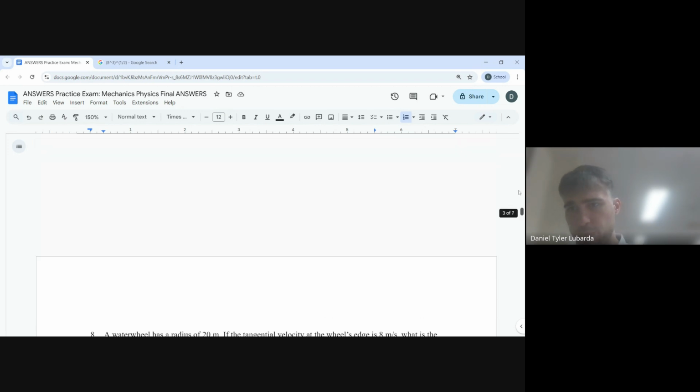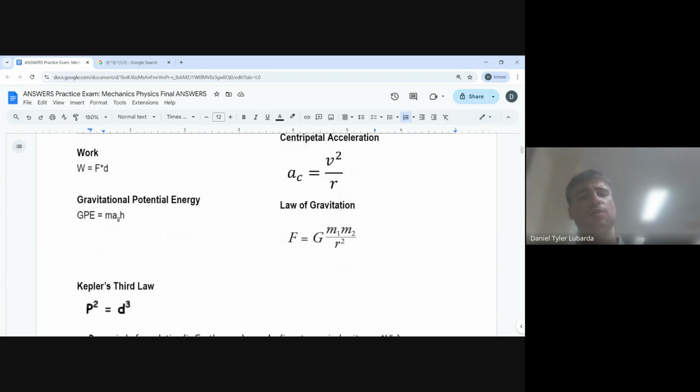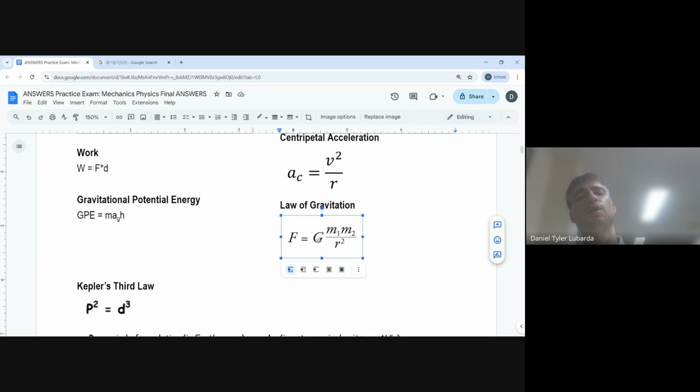Now, if we look up at our equation, we can come to the same conclusion from our law of gravitation. The force of gravity is equal to G, that's a constant, M1 times M2. So if we make M1 the Earth, M2 the Moon, then we would get how much they pull on each other.